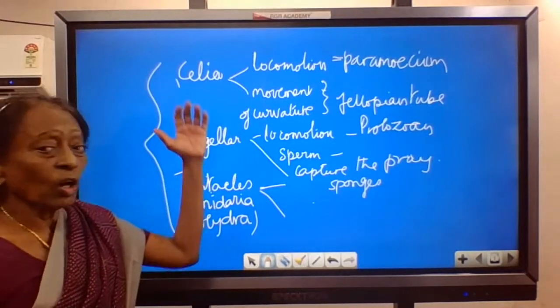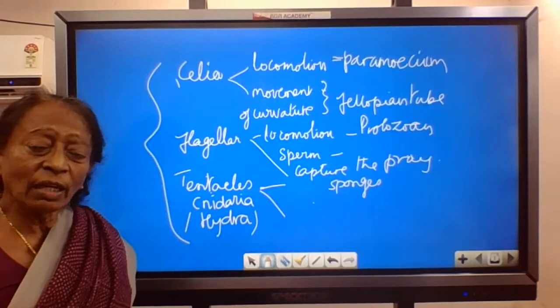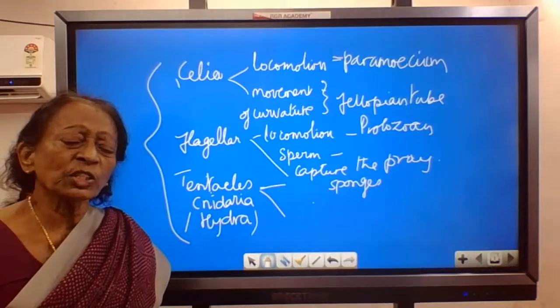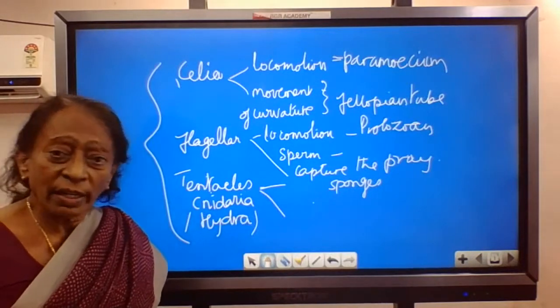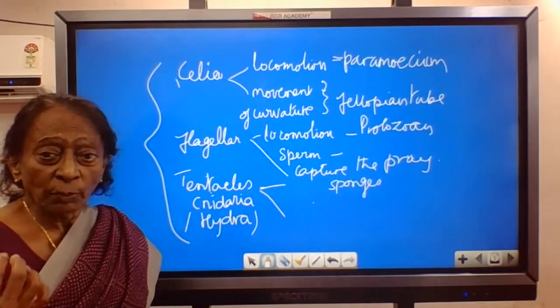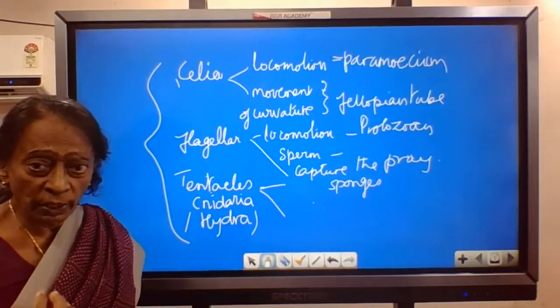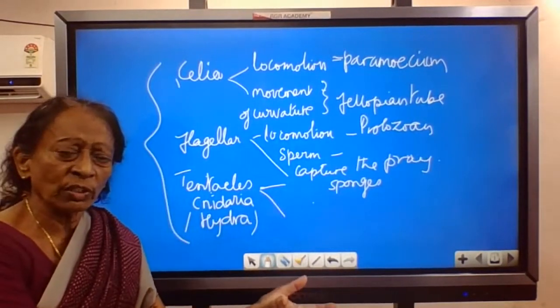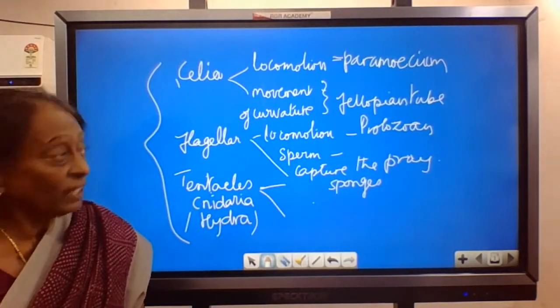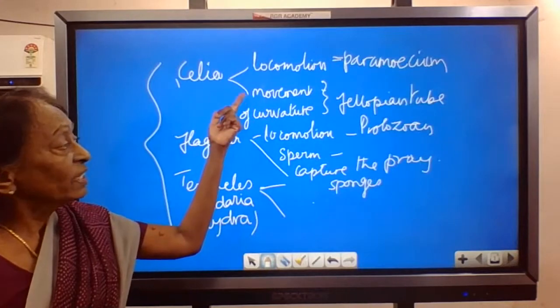All these organs of movement need not help only in locomotion; they can do other functions also, like capturing the prey or keeping the water current moving through the body, as in the case of the spongocoel. In the case of cilia, not only locomotion.